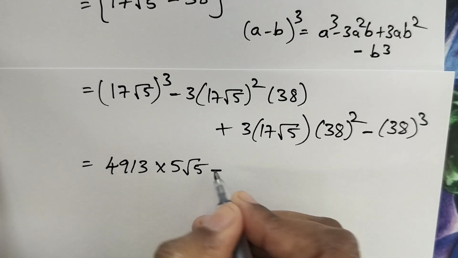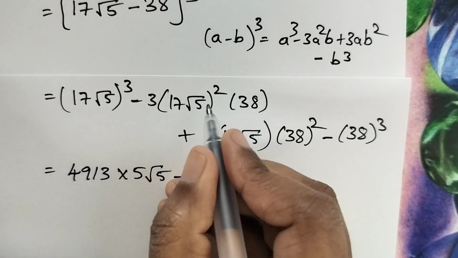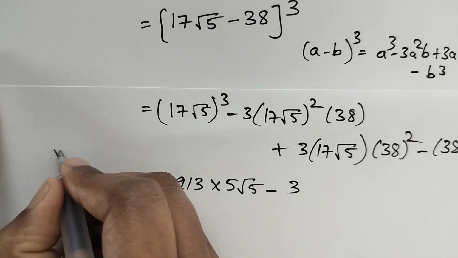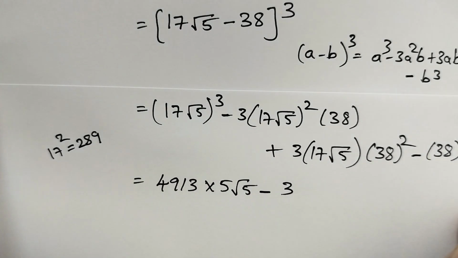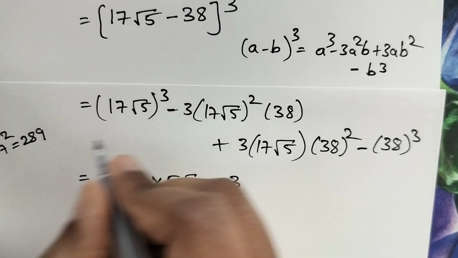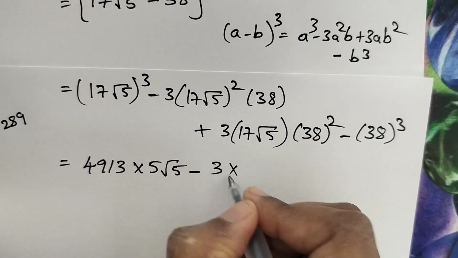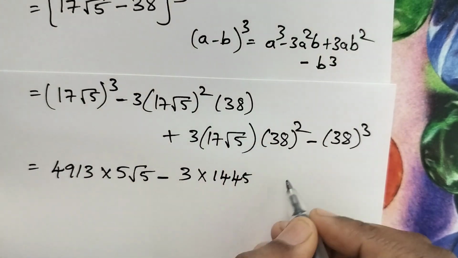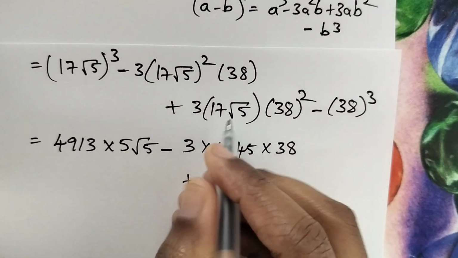So minus, 3 and 17 square, 17 square is equal to 289, and here the square root gets cancelled. 289 times 5 is equal to 1445. So now here we have 38 times 38 plus, 3.